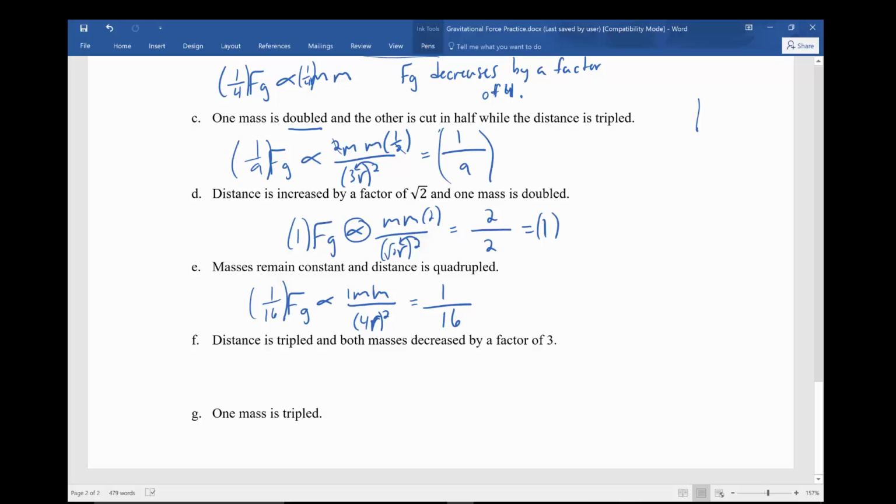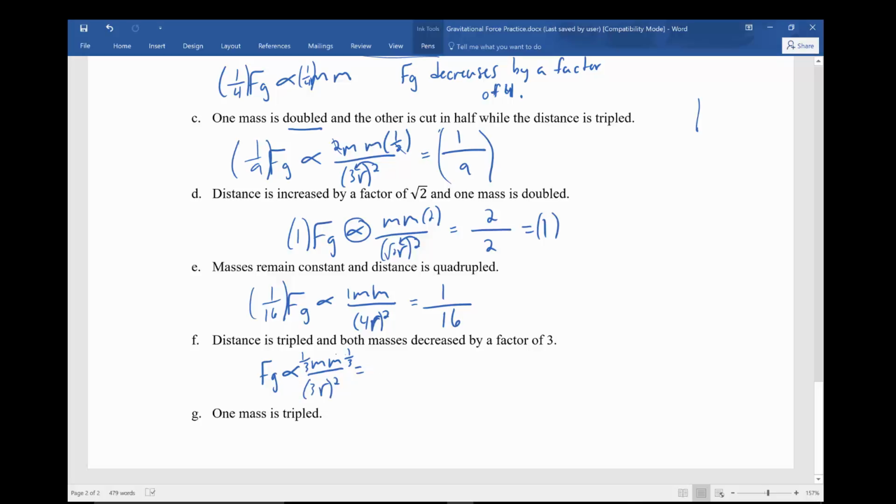Letter F, distance is tripled and both masses decrease by a factor of 3. So write the proportion one more time, m over r squared. Both masses are decreased by a factor of 3. So in the numerator, we multiply this by 1 over third, 1 over third again because each drops by a third, and the distance is tripled.